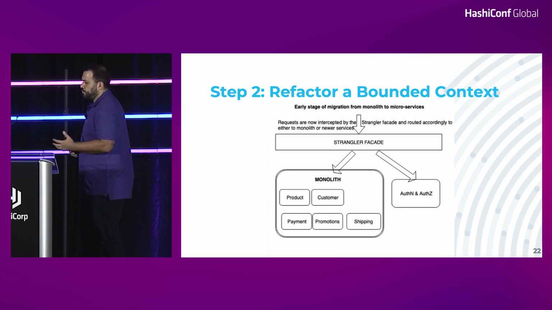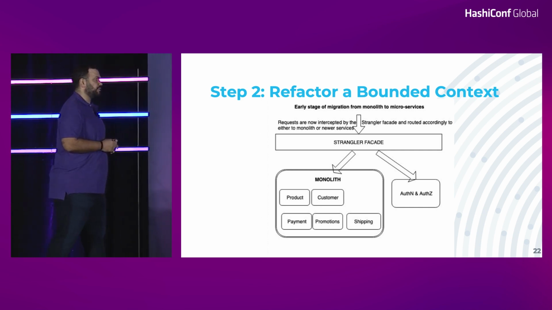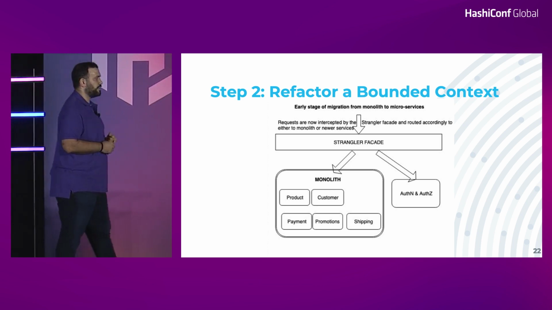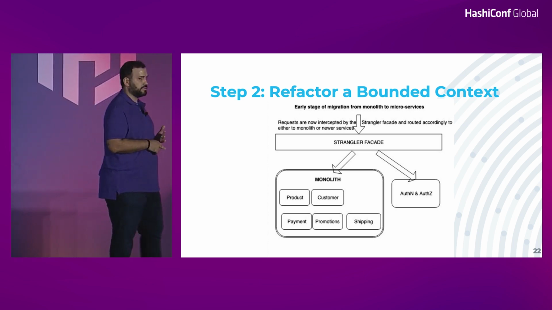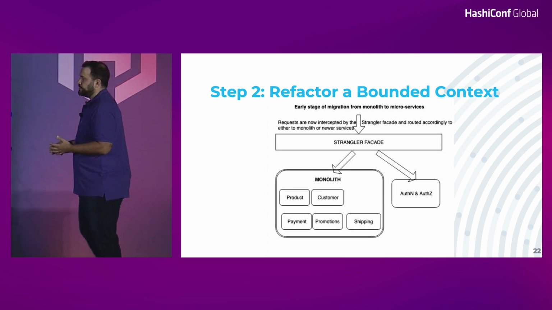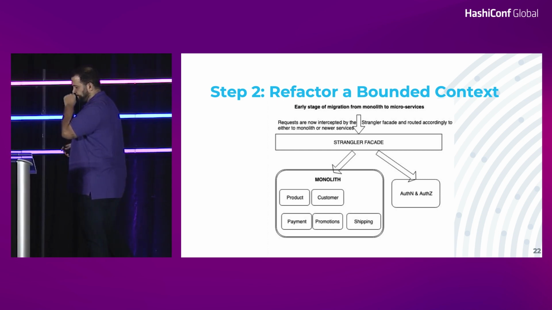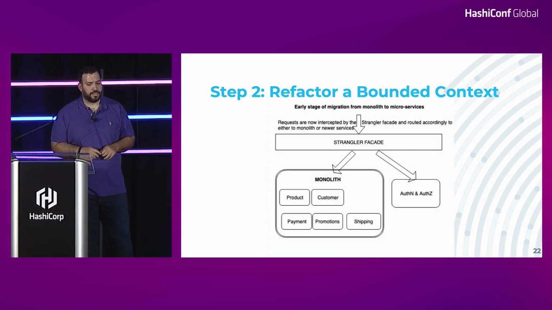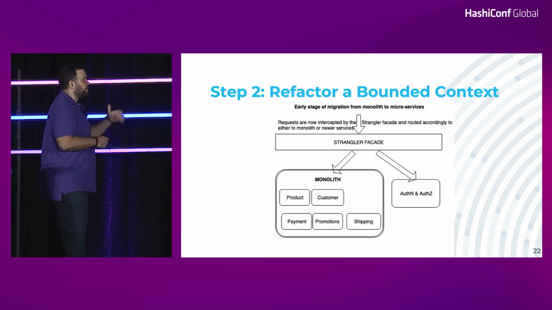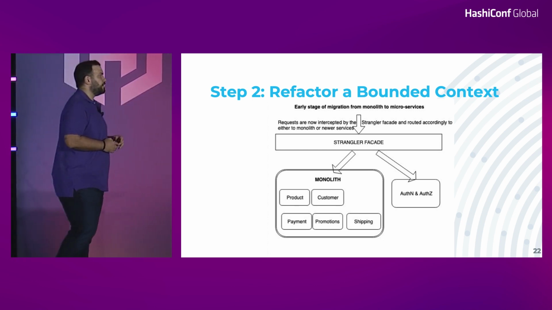So we find one, and we start carving out the functionality. At this point, we should start thinking about things like inter-process communication. This is going to be implemented by HTTP, gRPC, or asynchronous methods. In this example, we start with authentication and authorization service.